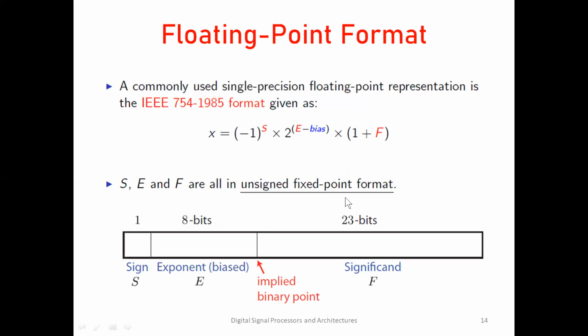All are in unsigned fixed point format. Totally this floating point format is a 32-bit format. So 1 bit is reserved for sign, 8 bits for the exponent, and 23 bits are used for the magnitude portion of the mantissa.